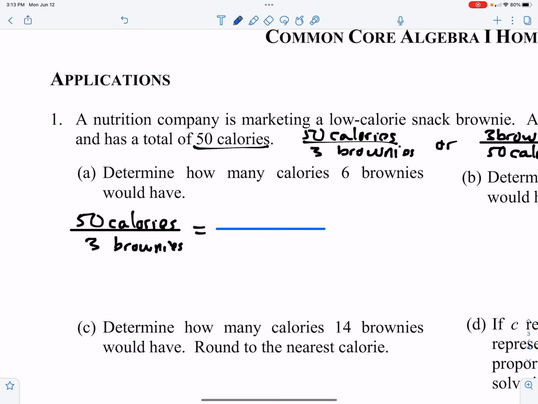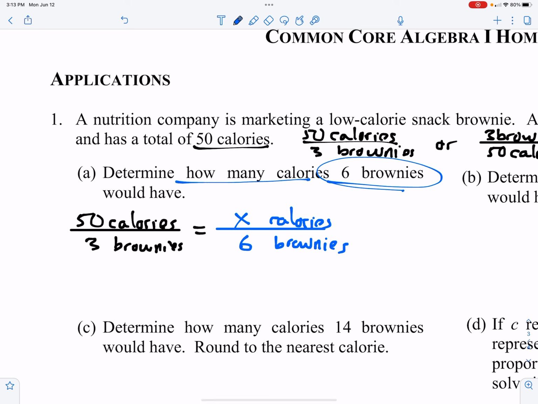Here's how it's going to be equivalent: I'm going to put calories on the top because it's similar to the calories already on the top there, and I'm going to put brownies on the bottom. We're talking 6 brownies, so I'm going to put 6 here, and I want to know X amount of calories. So I'm looking for X amount of calories in 6 brownies.